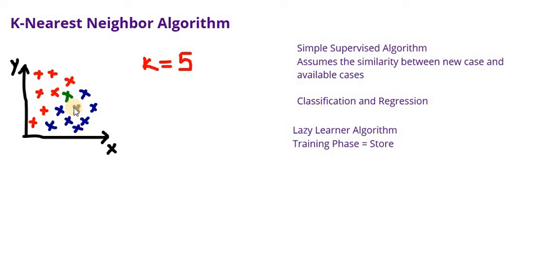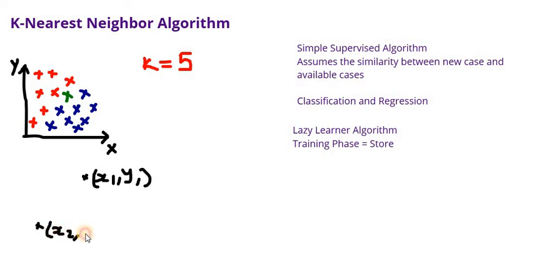So how will you calculate this? For example, let us consider two points, x1 comma y1 and x2 comma y2.